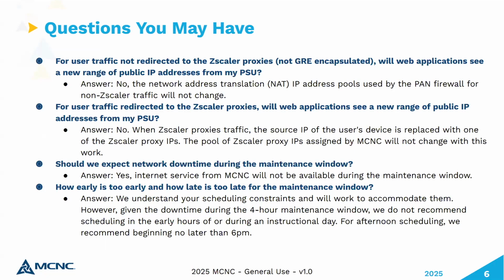Since the Zscaler proxies are on MCNC's network, those are addresses assigned by MCNC, and we're not changing those addresses. So again, if you have vendors that are expecting a particular IP address, and in some cases we do have IP authentication going through Zscaler, that range of IP addresses will not change either.